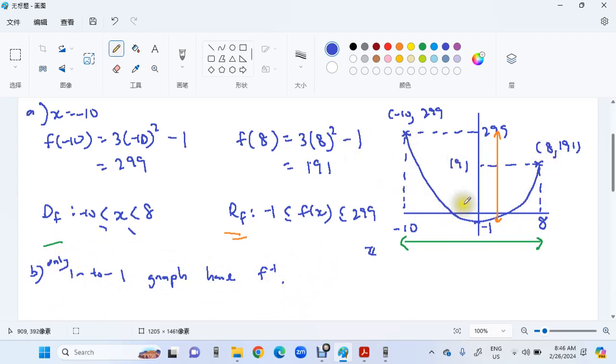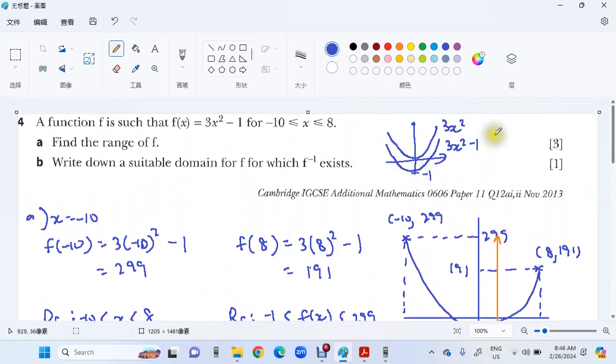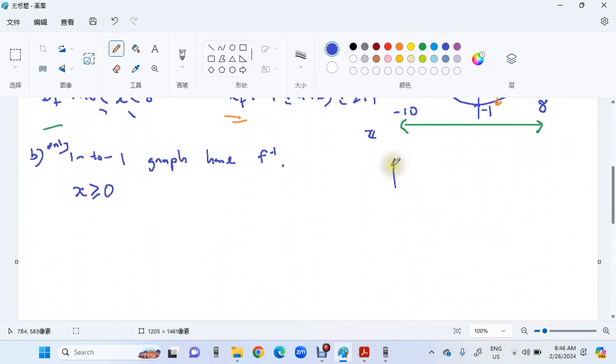This is not one to one, this is many to one. So we have to cut it into half. We will have x greater than or equal to 0. For x greater than or equal to 0, the original graph is this. When we cut it in half, it becomes one to one.